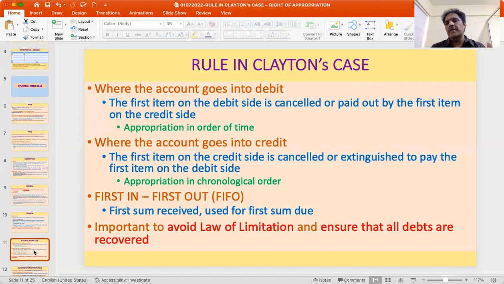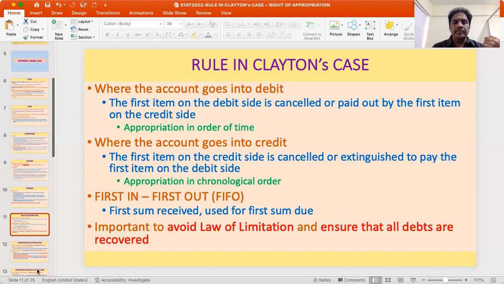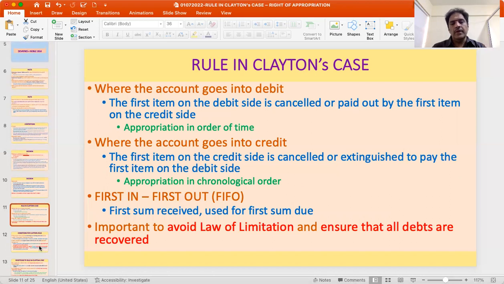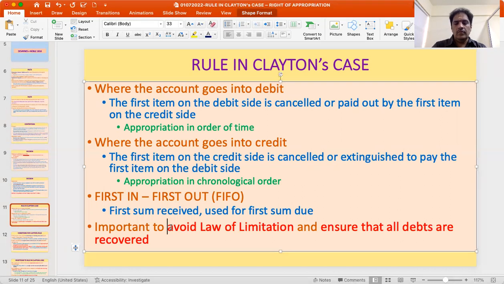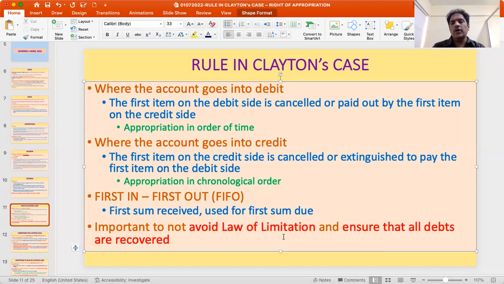So the principle has to be to ensure that all the debts are recovered, and this FIFO principle enables that. So you need to ensure that the law of limitation applies and no debt is struck by the limitation issue.